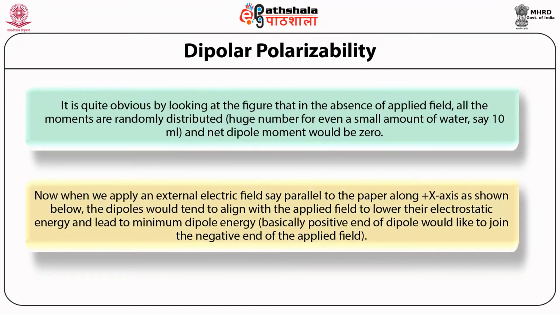Now when we apply an external field, say parallel to the paper along the x-axis as shown in the figure, the dipoles would tend to align with the applied field to lower their electrostatic energy and hence reach minimum dipole energy. Basically, the positive end of the dipole would like to join the negative end of the applied field.